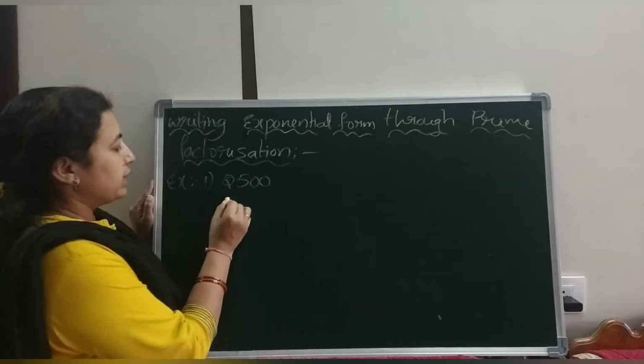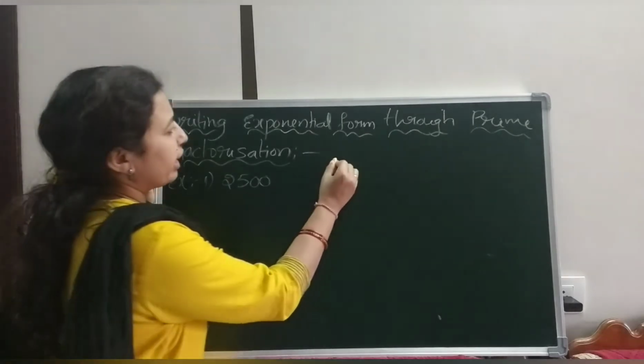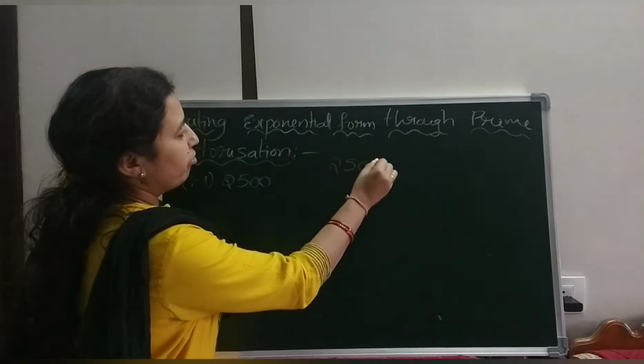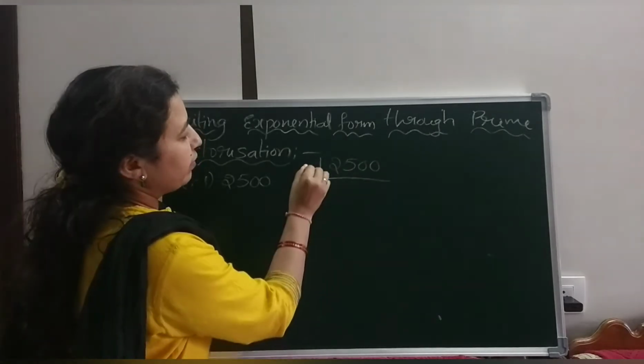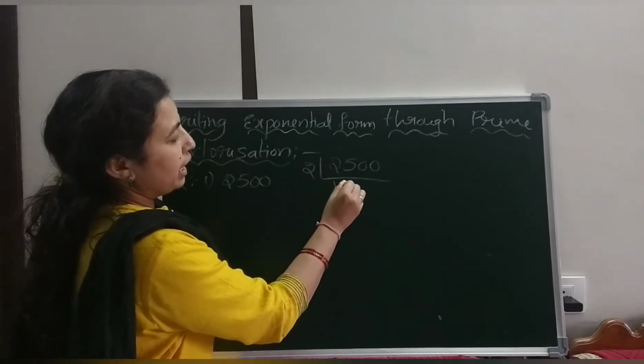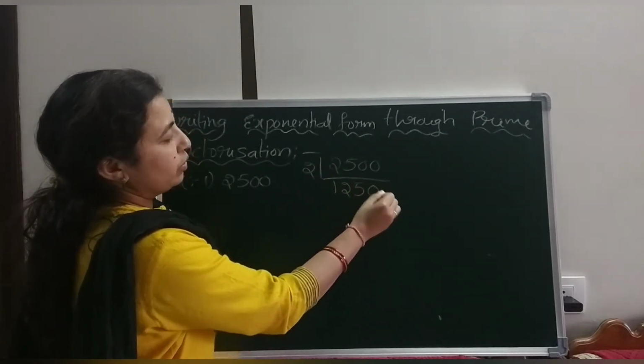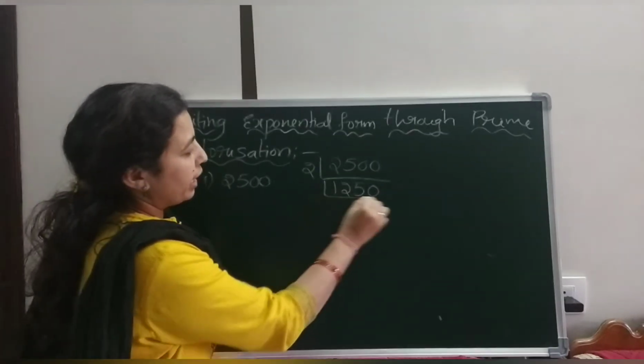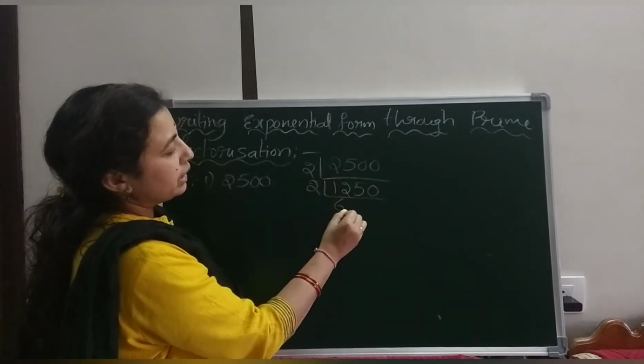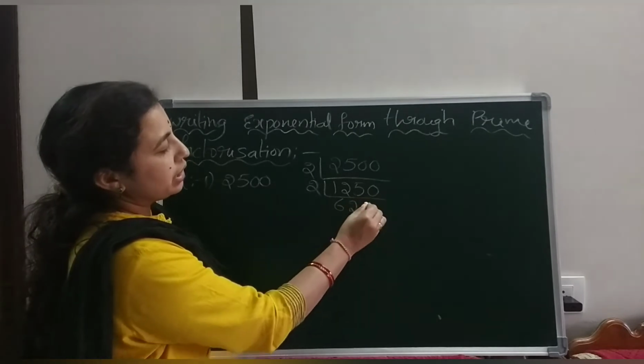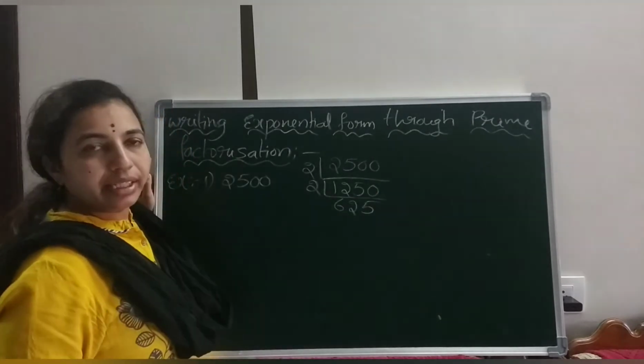Okay. So I'll start here. 2500. I'll start with 2. 2 ones are 2, 2 twos are 4, 2 fives are 10, 2 zeros. Again 2. 2 sixes are 12, 2 twos are 4, 1 left. 2 fives are 10.